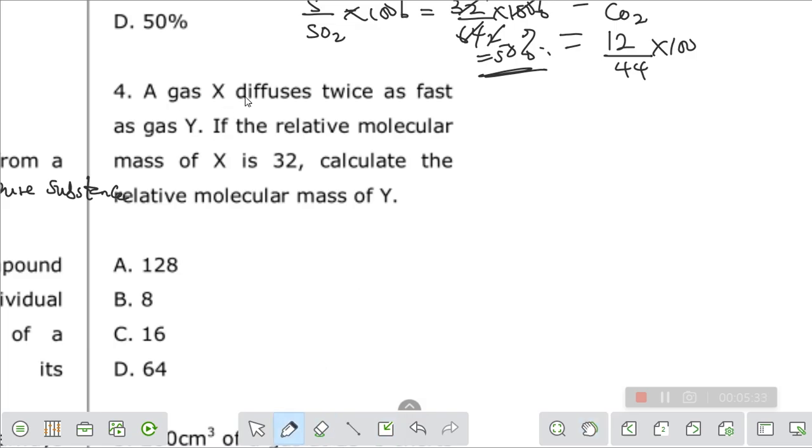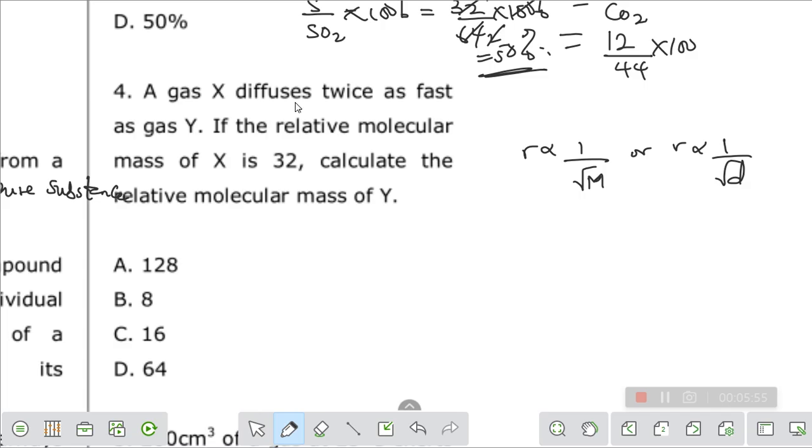So a gas X diffuses twice as fast. So this one is actually on Graham's law of diffusion, which says that the rate of diffusion is inversely proportional to the square root of the molar mass, or the rate of diffusion is inversely proportional to the square root of vapor density. So I've taught you that already. So look at this.